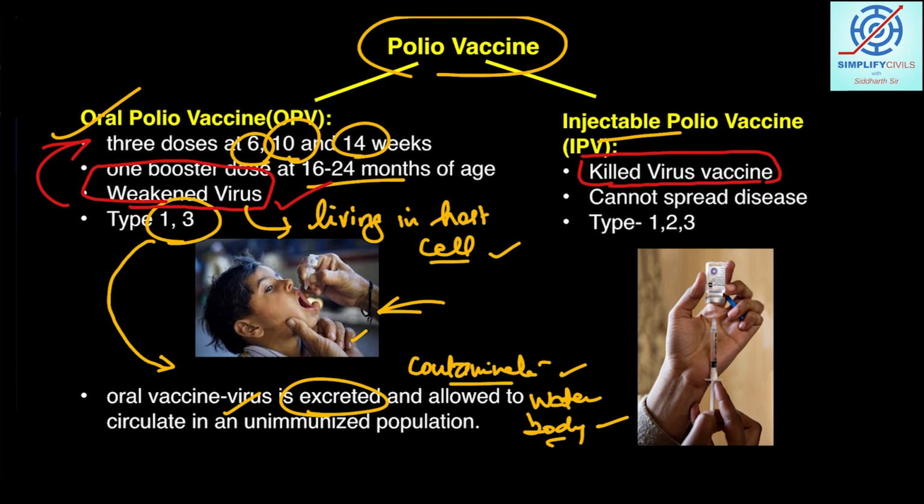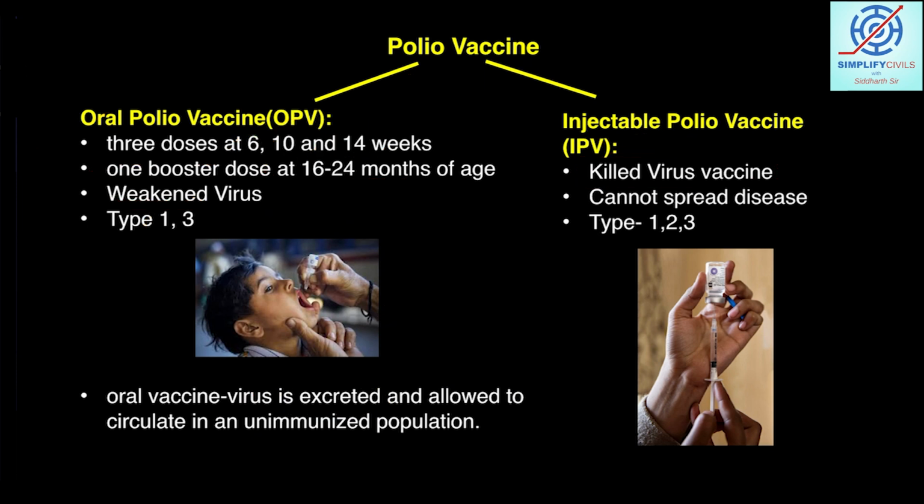This is how it can circulate in the unimmunized population, where it can again become the reason for a spread of the disease. So this is one of the challenges. However, it is rare, it is not always, and this is why such oral vaccines are used. So this is about what types of vaccines are used with respect to polio.